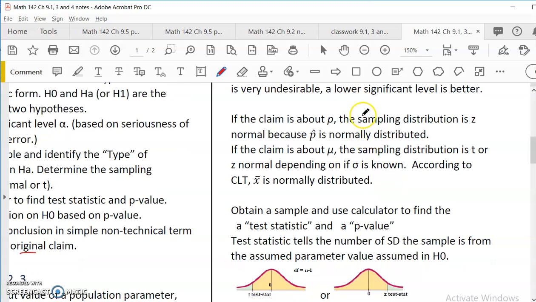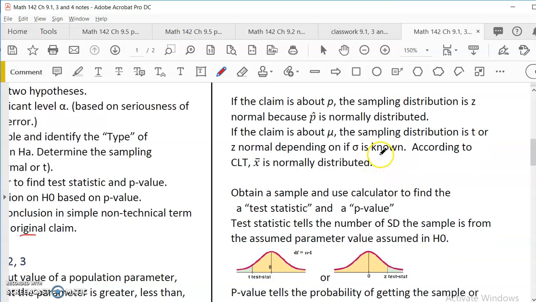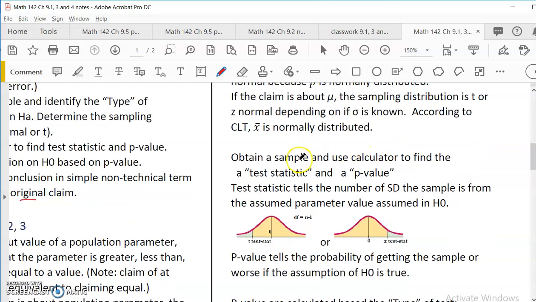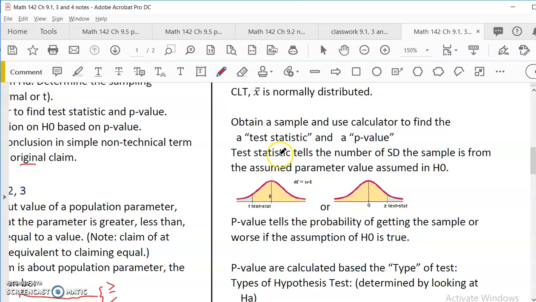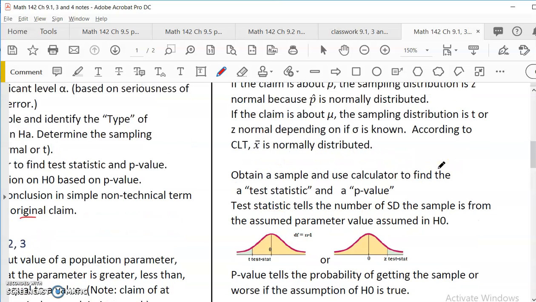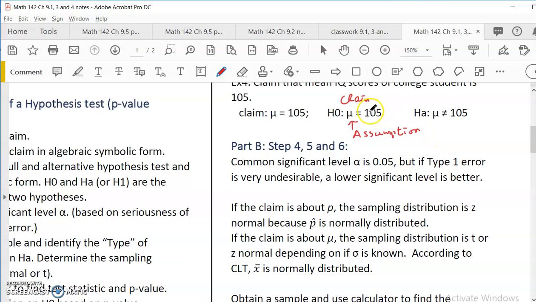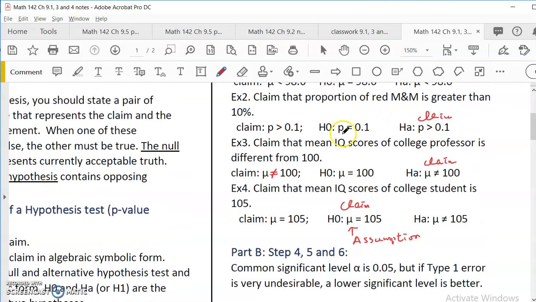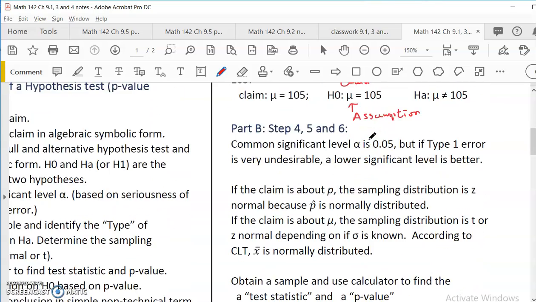So assuming that you have collected a sample, then you need to know how you are going to calculate two numbers, something called the test statistic and a p-value. What is a test statistic? The test statistic tells us how much our sample is away from the assumed value in H0. In H0, just like here, we assume that p or mu is a particular value, right?